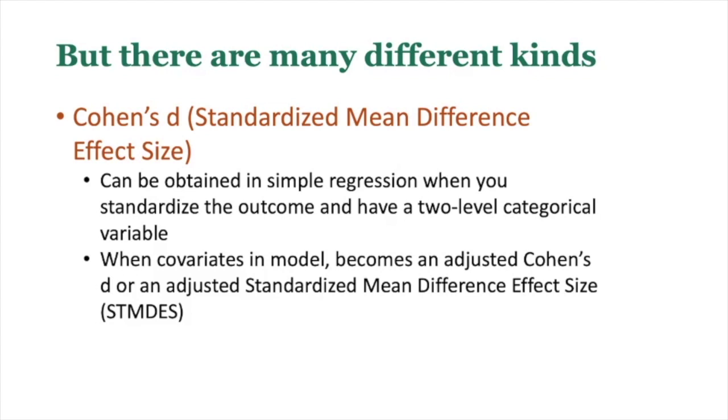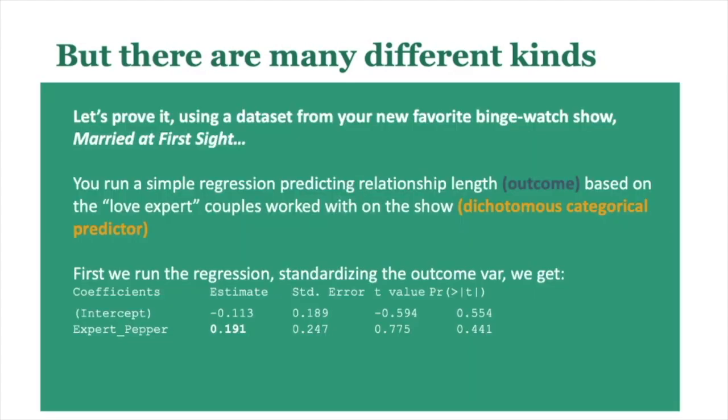This is a really powerful way of highlighting, even when we control for some stuff, here's our standardized mean difference or adjusted Cohen's d. So we're going to prove it really quick using the data on Married at First Sight.